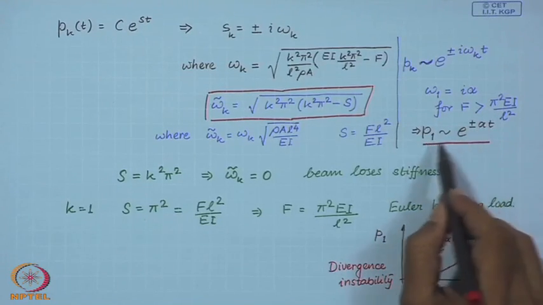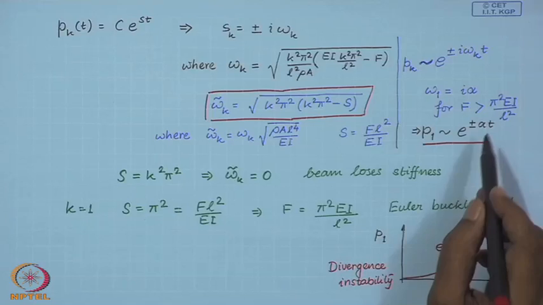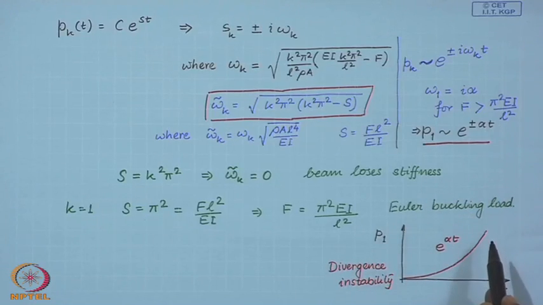We have an exponentially increasing solution, which looks like this. Even with a very small disturbance, it is going to exponentially diverge. So, this is the divergence instability. So, a beam with axial force will show divergence instability if the force exceeds the Euler buckling load.